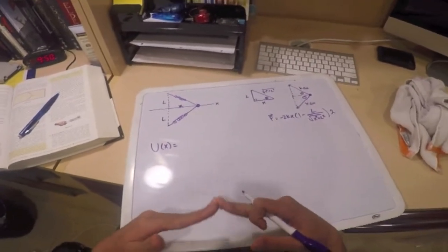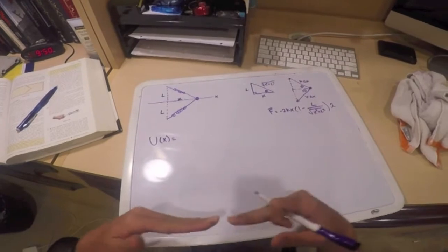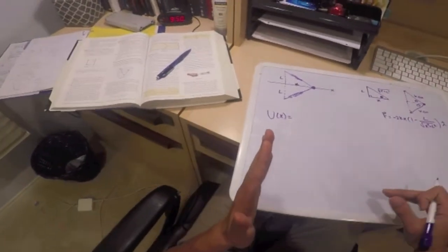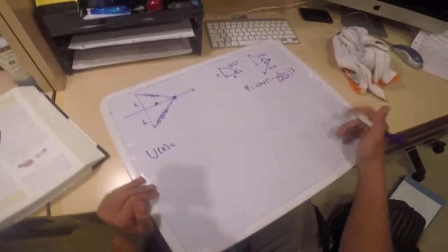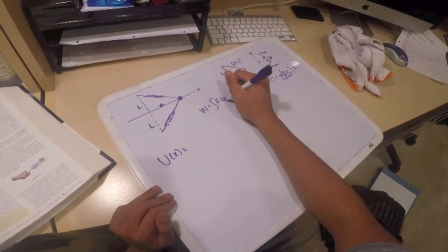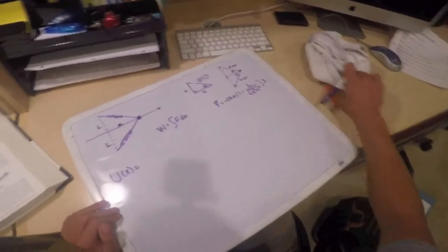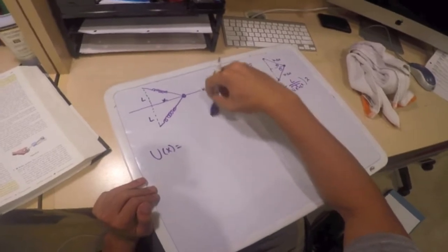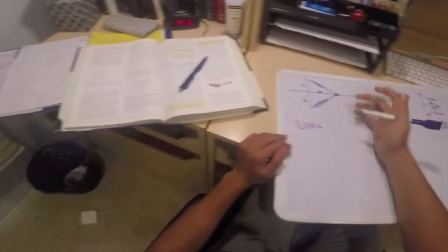And the springs, the potential energy added is going to be the work done by the force to move those springs that far. So the work done by the force is given by the integral of F dx. So our potential energy is going to be the work of the two forces.